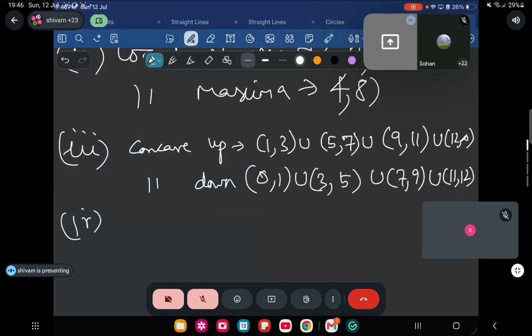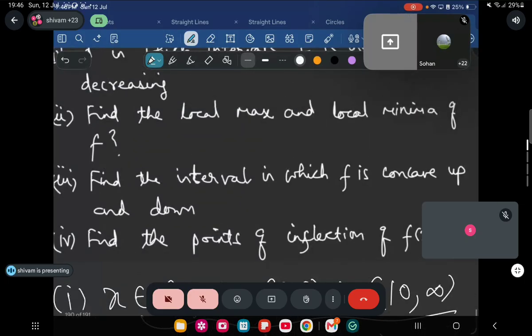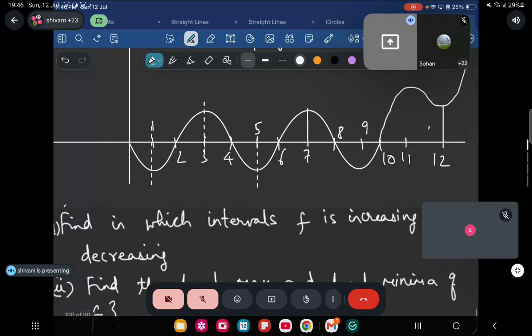Number 4, last one. Points of inflection means the sign of f double dash x will change. Right? Yes. So wherever we are getting the maxima or minima are of f dash x. Okay. So sign changes. Like see around 1.